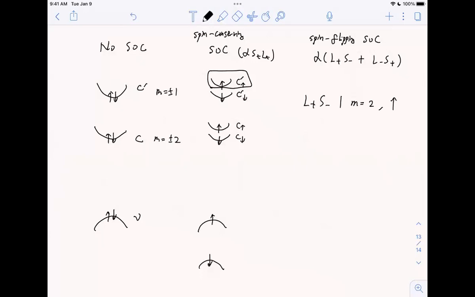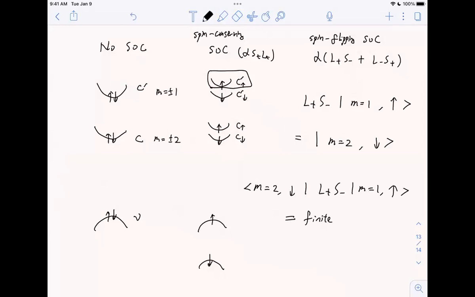Once you have this state, it will become what? The spin will go down, and then the M needs to be 1. So this will become 2. That means L plus L minus, you couple to L M equal to 2 spin down. This will be finite.